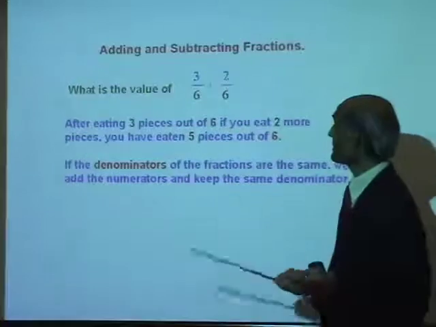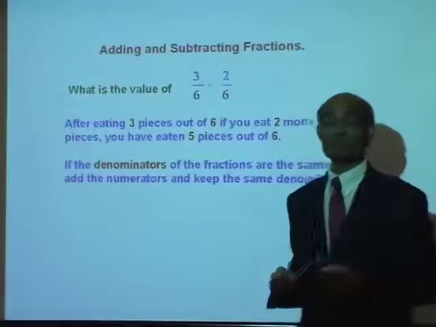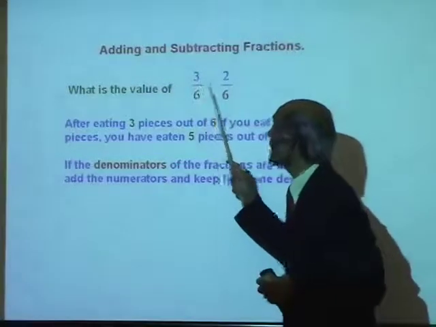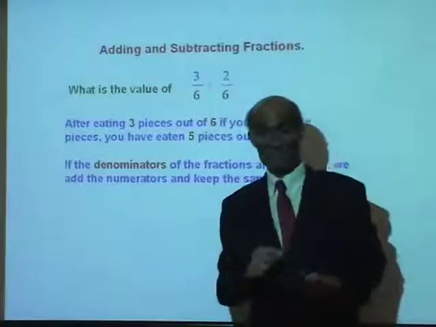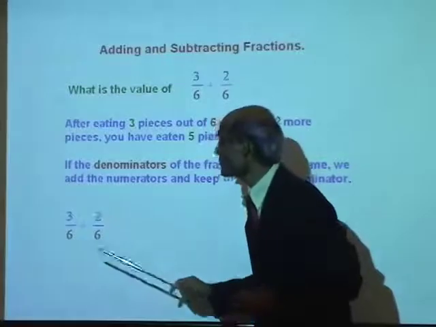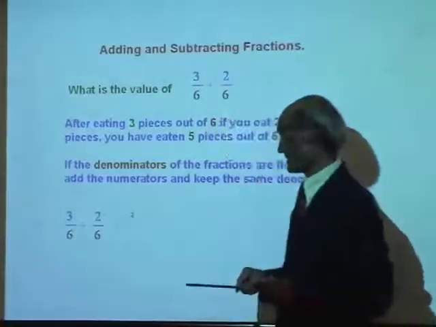Is that right? So, when the denominators are the same, all you need to do is add the numerators and use the same denominator. Is that right? You know it. So 3 over 6 plus 2 over 6, our denominator will remain 6.